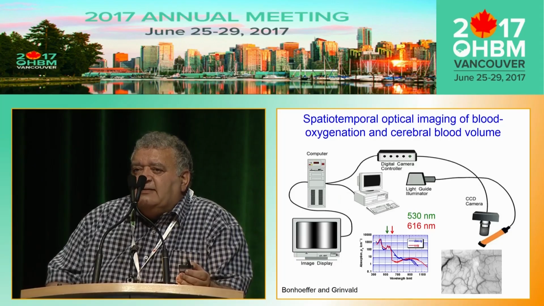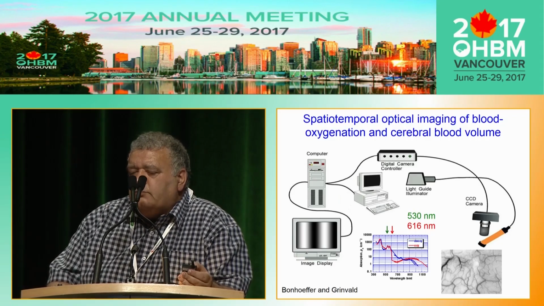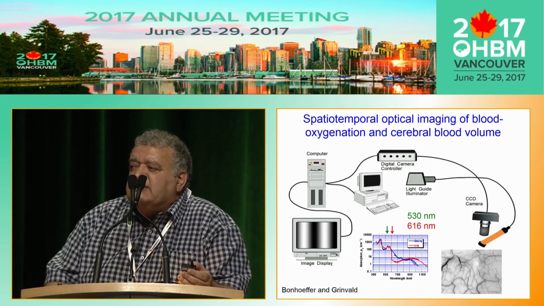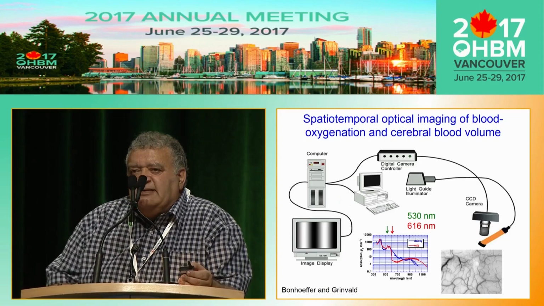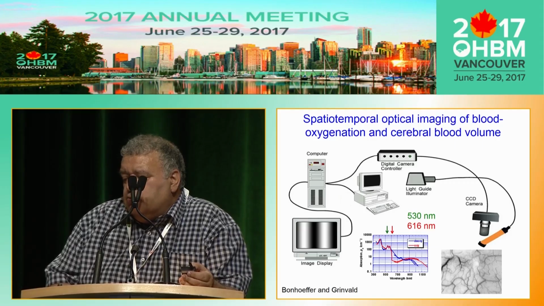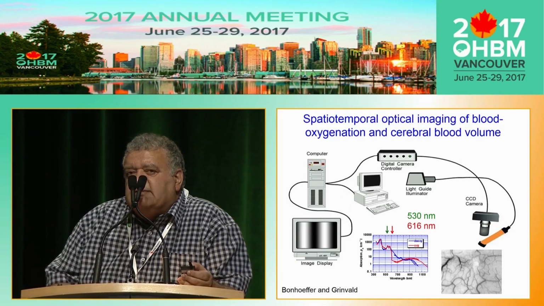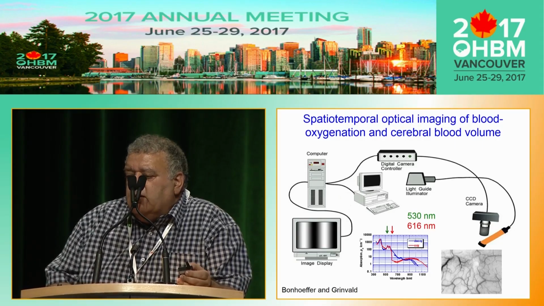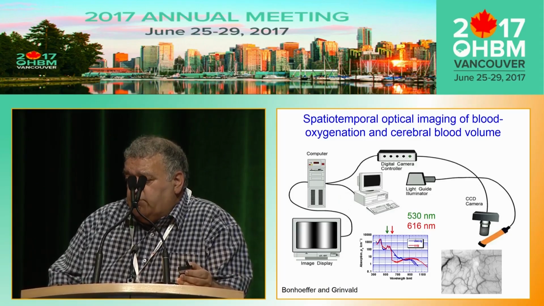The only difference is that instead of looking at magnetic properties of hemoglobin, we look at absorption spectra of hemoglobin, or more specifically, differences between absorption of the deoxyhemoglobin in blue in the plot over there, and oxyhemoglobin in red. You can see that at 616 nanometer illumination, the deoxyhemoglobin absorbs more than oxyhemoglobin.